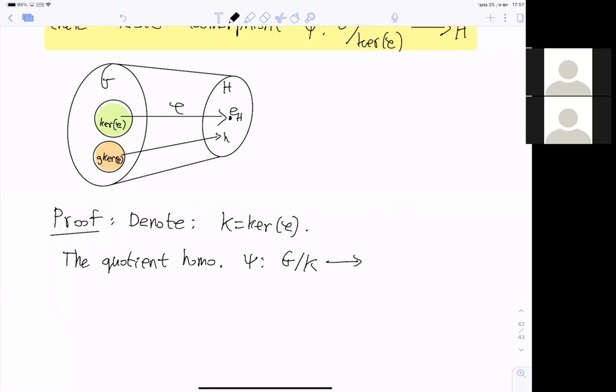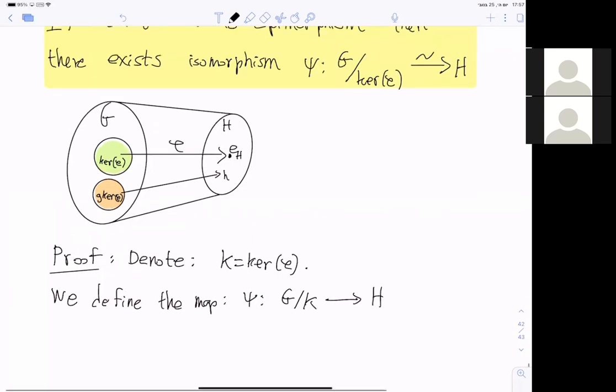Sorry, we define the homomorphism, we define this map. How do we define it?